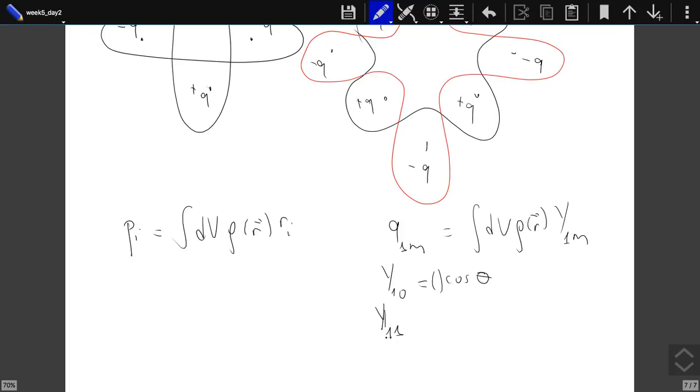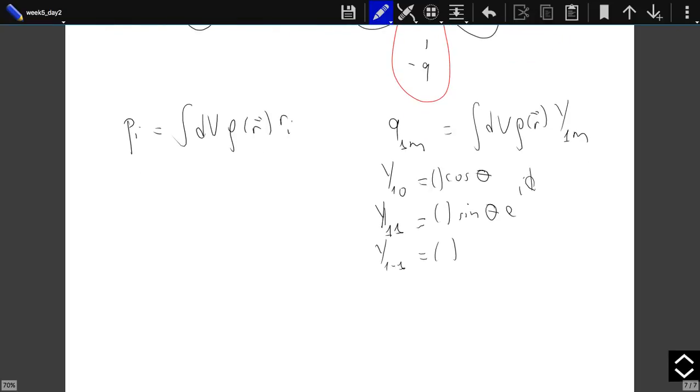Y_11, something times sine theta e to the power i phi, and Y_1 minus 1, something times sine theta e to the power minus i phi. So Q_10 is real. Q_11 and Q_1 minus 1 are not real.